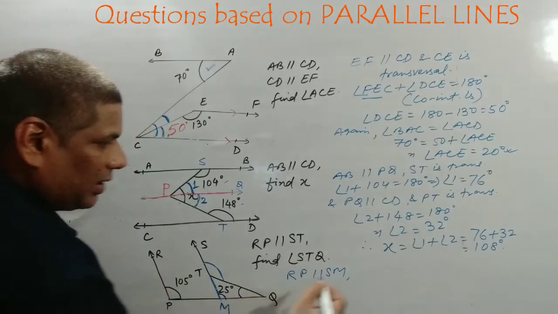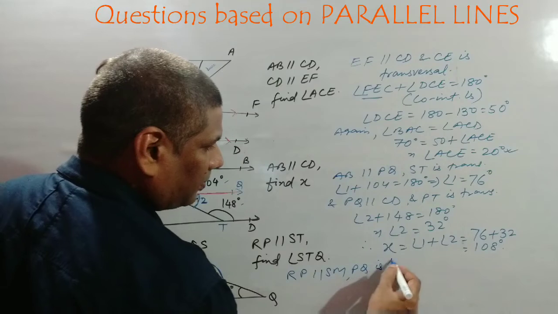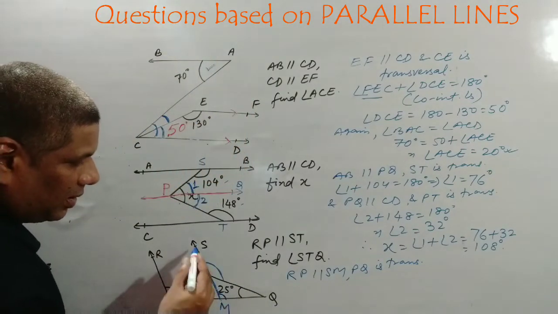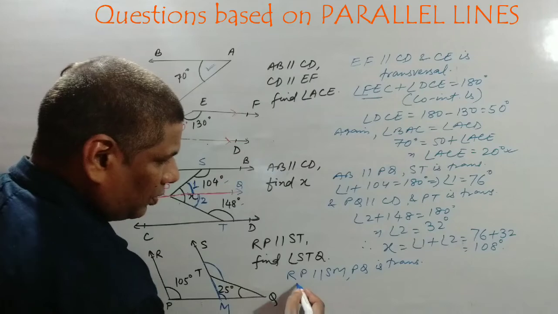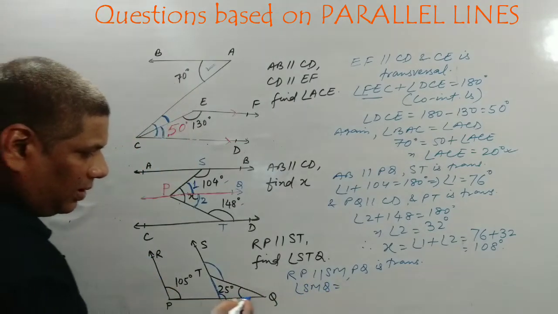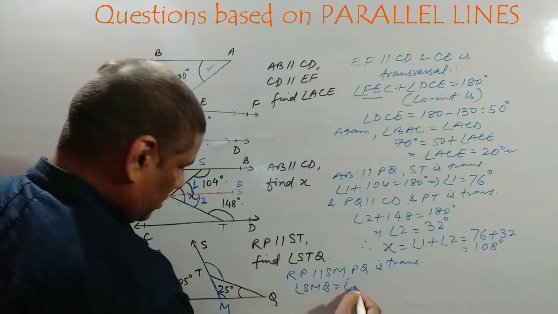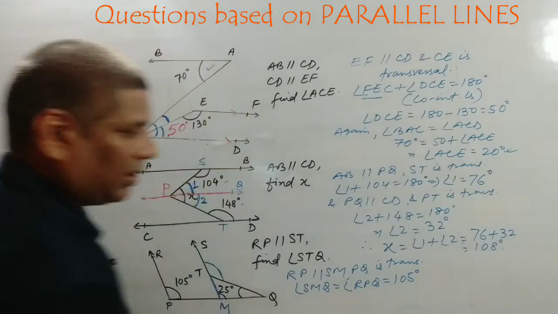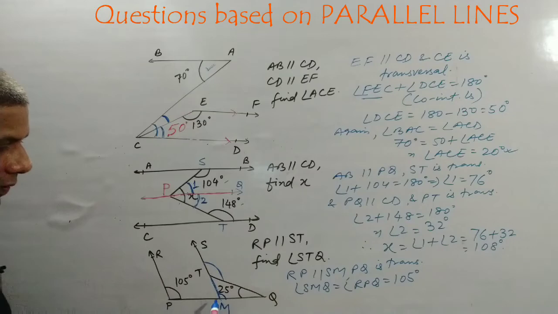This is parallel to this, and PQ is a transversal. So angle SMQ will be equal to RPQ, and that is equal to 105 degrees. In this way we have found this angle equals 105.